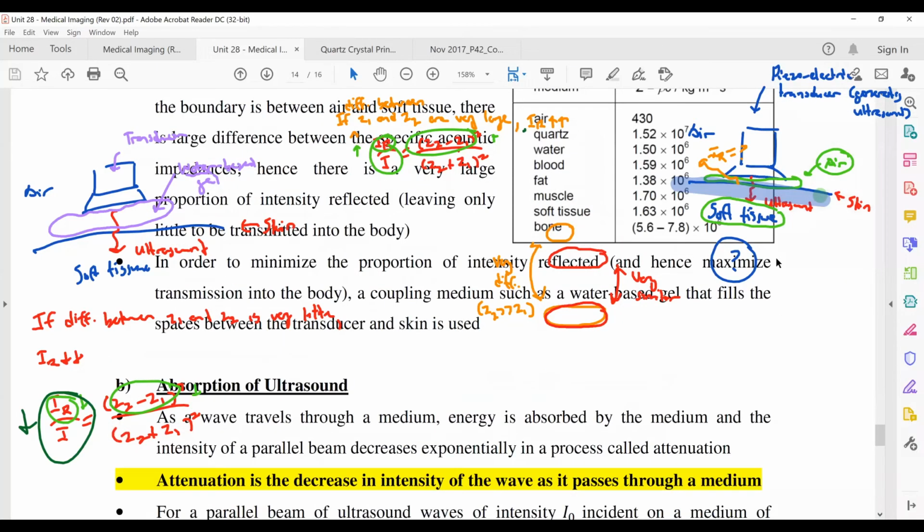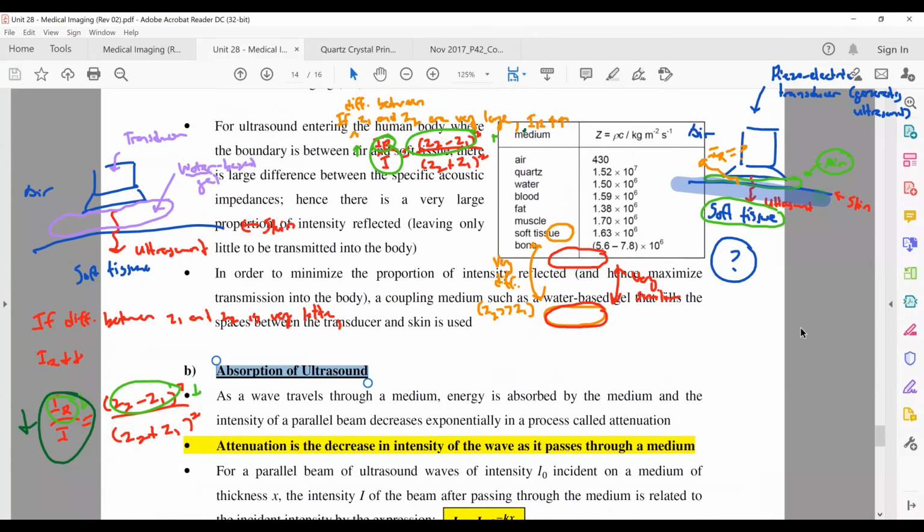Now, this one would have some similarity with your X-ray. Do you remember that in your X-ray previously, I talked about this concept? If you have X-ray of initial intensity I naught, it passes through a medium with linear attenuation coefficient mu, and it has a thickness of x.